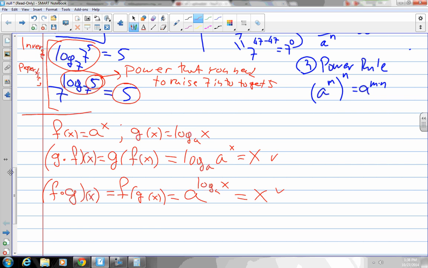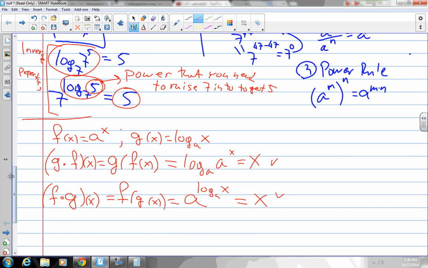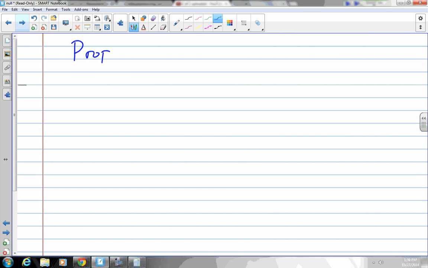So some properties of logs. So again, let a be positive, a not equal to 1.